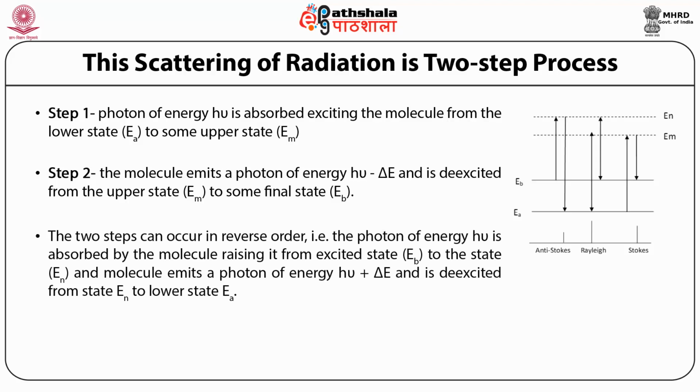The two steps can occur in reverse order. That is, the photon of energy h nu is absorbed by the molecule, raising it from excited state Eb to state En, and the molecule emits a photon of energy h nu plus delta E and is de-excited from state En to lower state Ea.